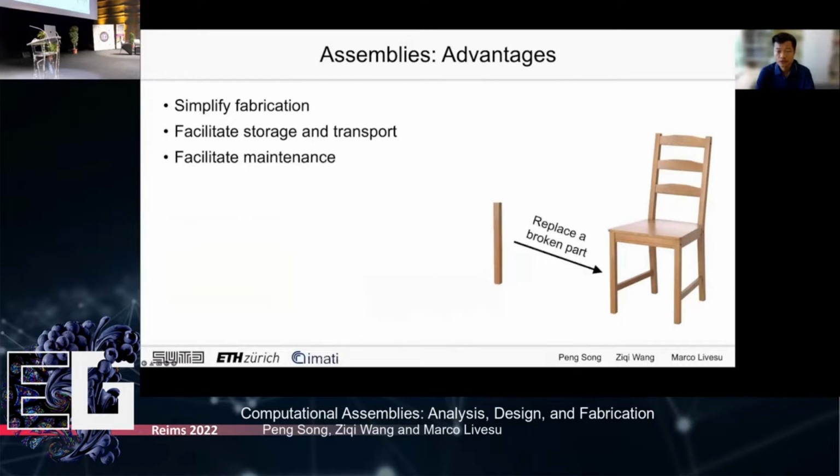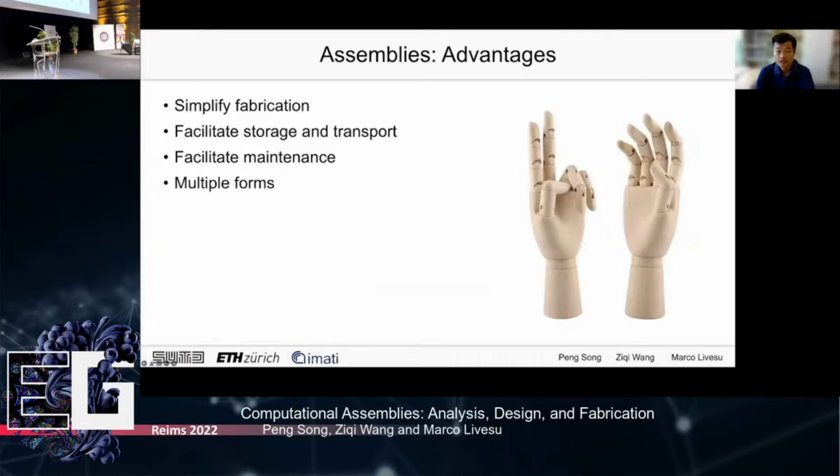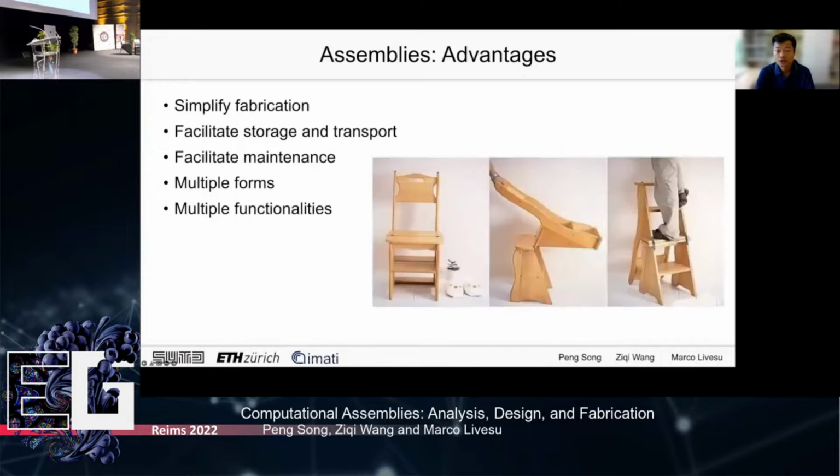Third, we can easily maintain an assembled structure. For example, we can replace a broken part instead of remaking a whole structure. Assemblies can have multiple forms. They can be reconfigured in various ways, which incidentally allows multiple functionalities.